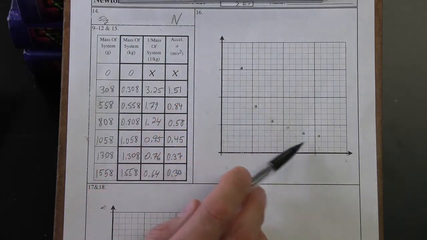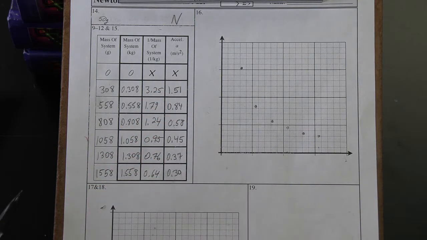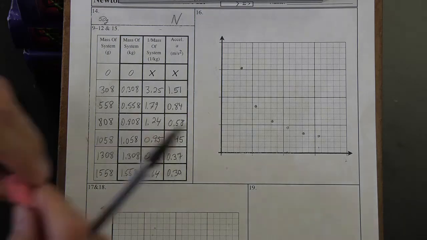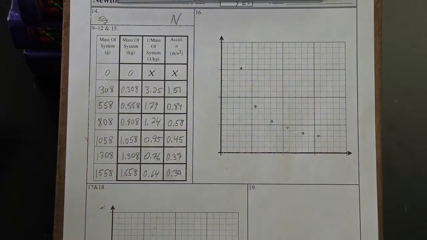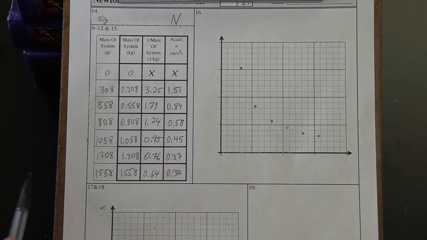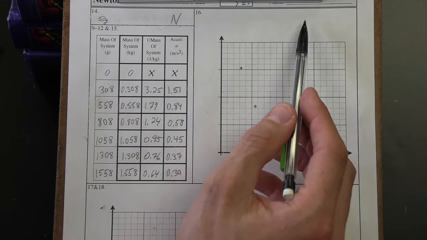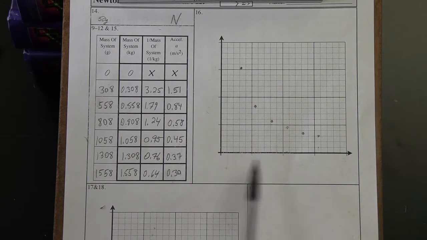So you see my points plotted. By the way, I left all these labels off because I didn't want to do all the work for you, take all the fun away from the lab for you. I wanted you to have a little fun plotting these axes, right? And then plotting the points. Don't forget, you've got to have something here, and something here, right? So don't forget those unless you want to lose some points.